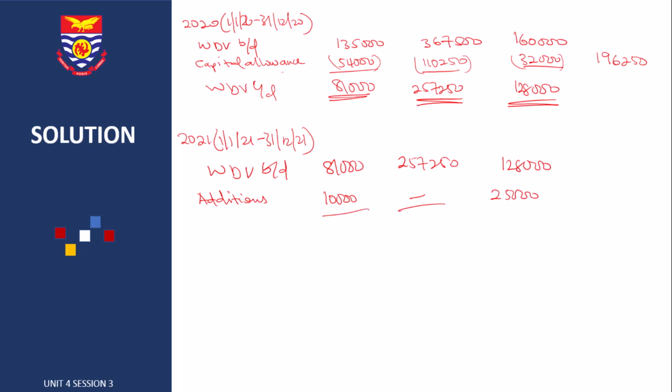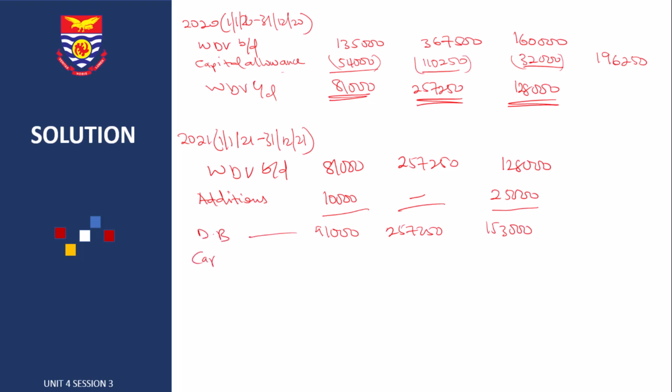So now we find our total. For class 1, we have 91,000. Class 2, 257,250. And for class 3, we have 153,000. We had no sales either. So now this is our depreciable base.